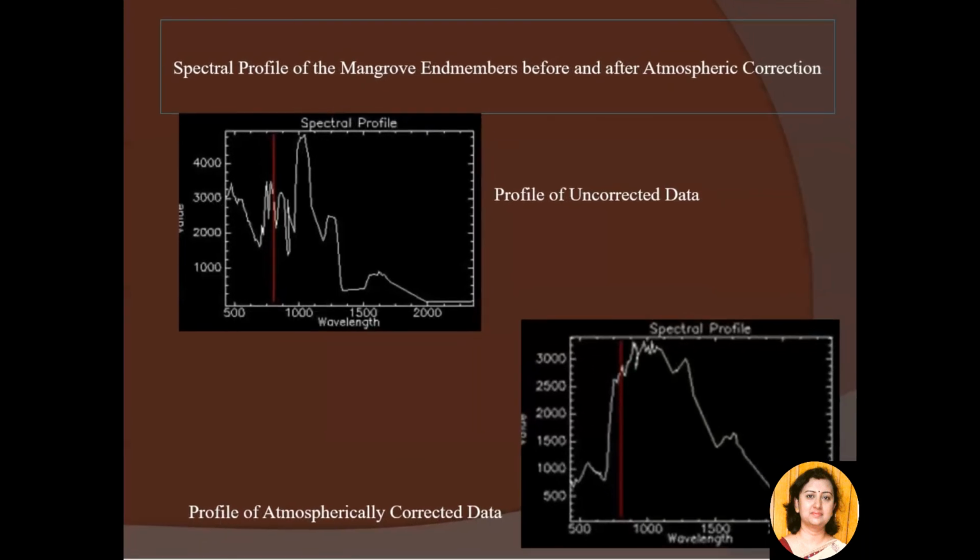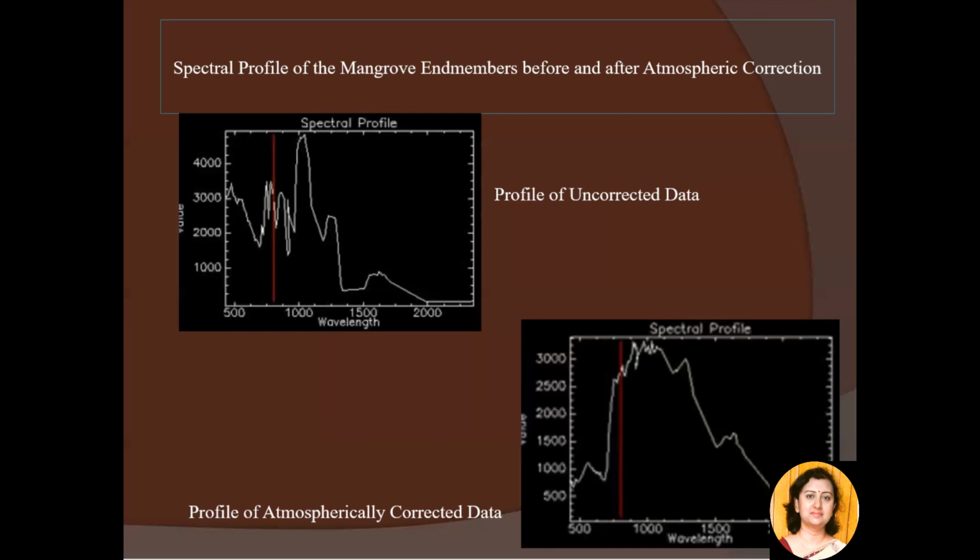Now, it has been observed that in the visible portion of the spectrum, the chlorophyll in the plants absorbs blue and red wavelengths more strongly than green, producing a characteristic small reflectance peak within the green wavelength range.